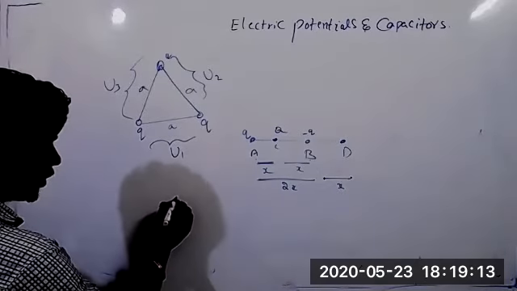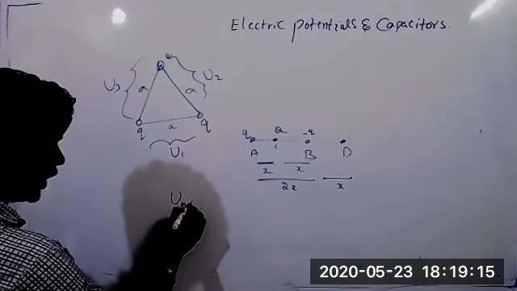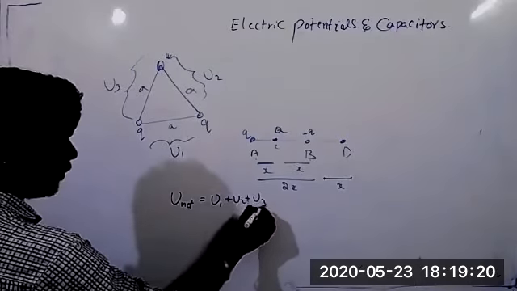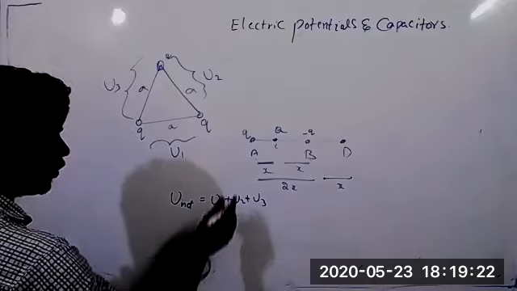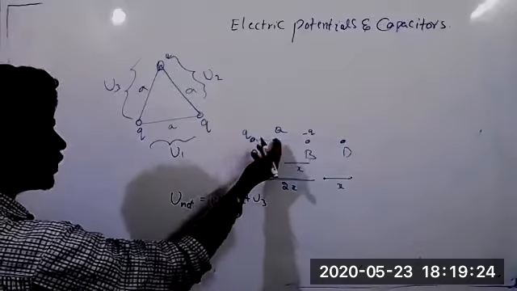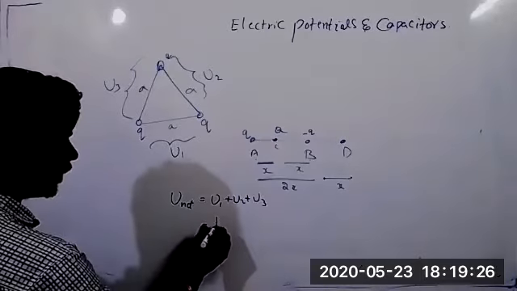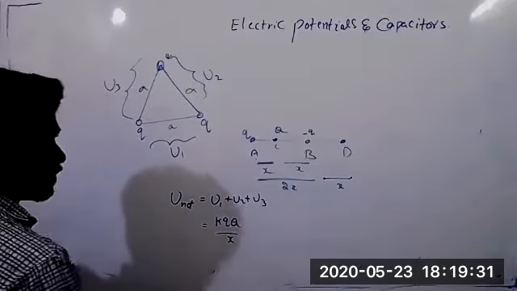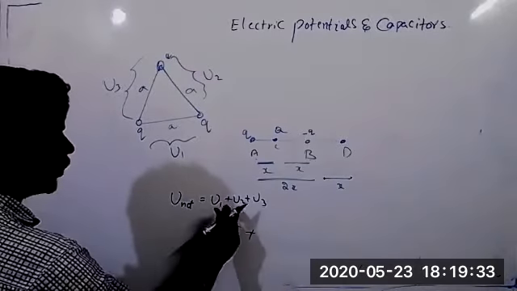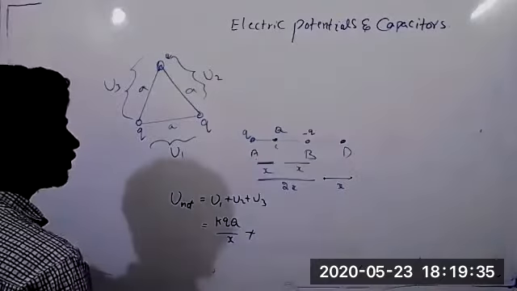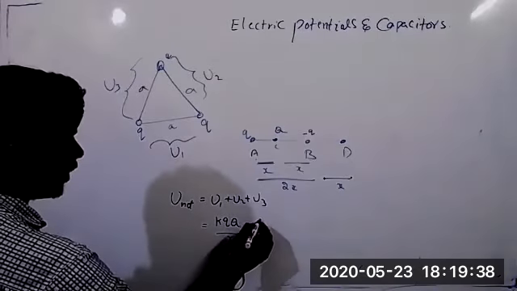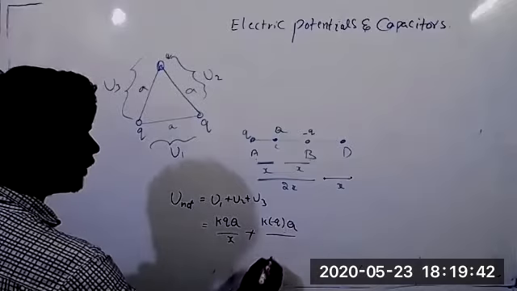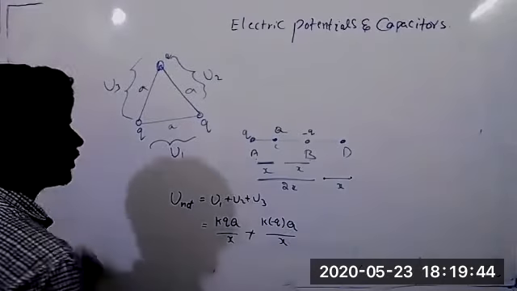Now, U net equals U1 plus U2 plus U3. Am I correct? Yes, sir. U1 between these two charges is K Q by X, because the distance is X, plus U2 between these two is K into Q into minus Q by X. Very good.